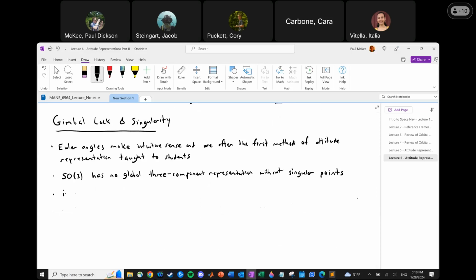In plain English, whenever you choose a three-component attitude representation, you are, like in the movie, dancing with gimbal lock.